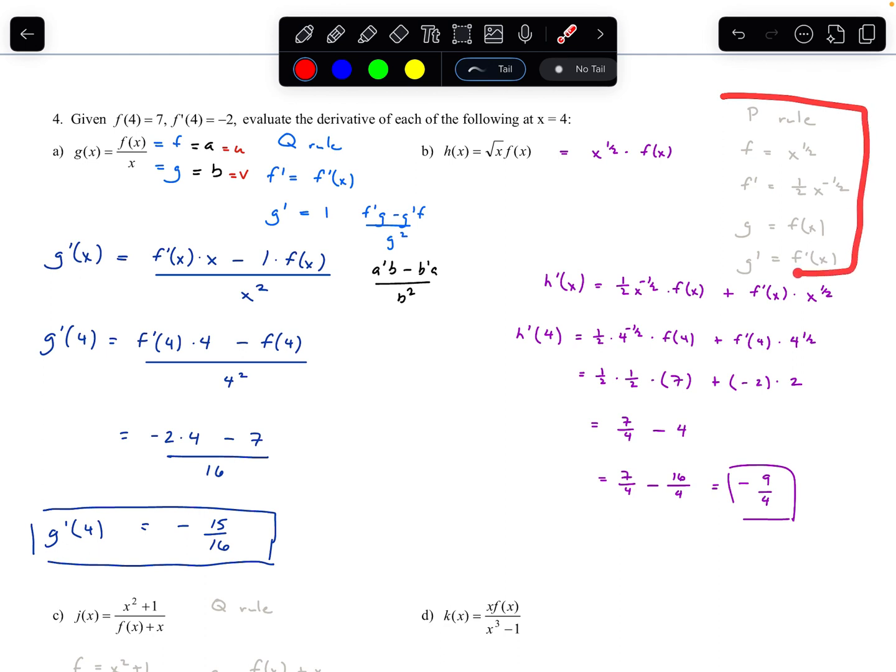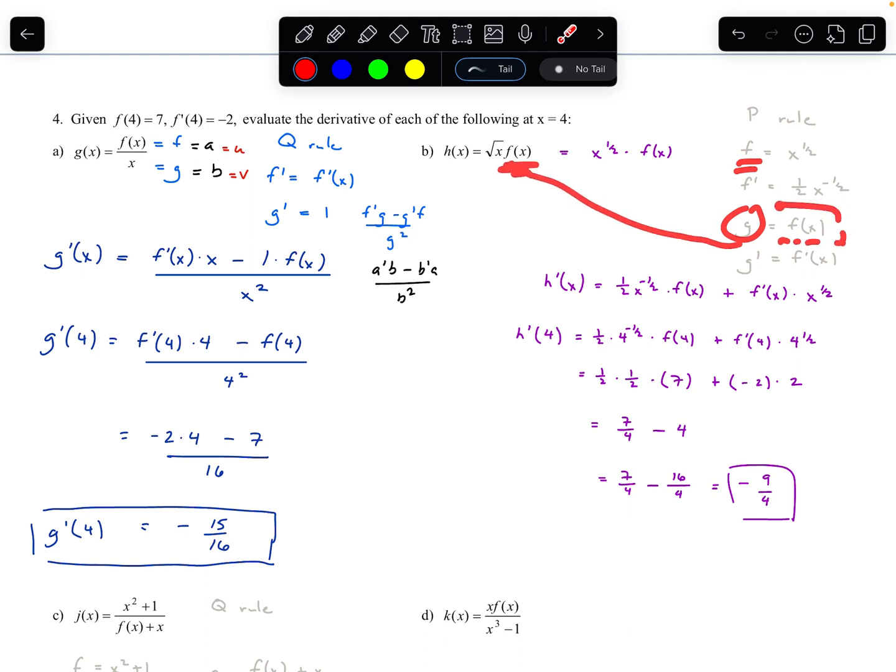Again, all this stuff in gray is rough work, and again, f of x is the official f of x in the question. This f is my label for the first function. It's not official, it's rough work. This g is my label for the second function, which happens to be f of x.